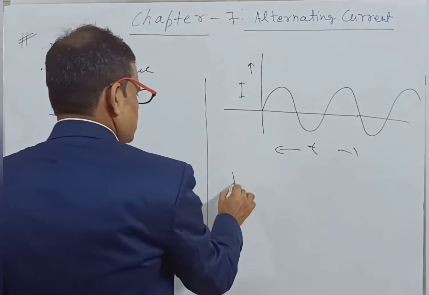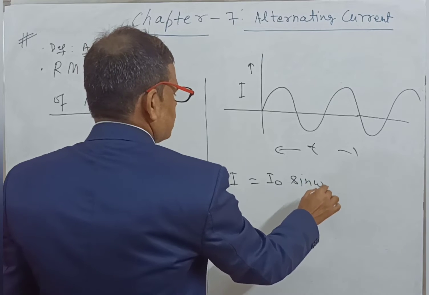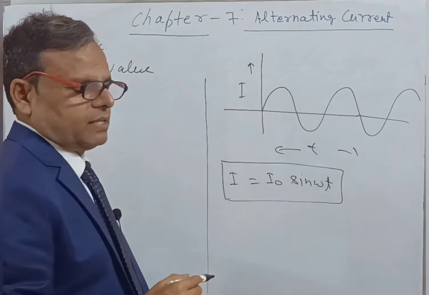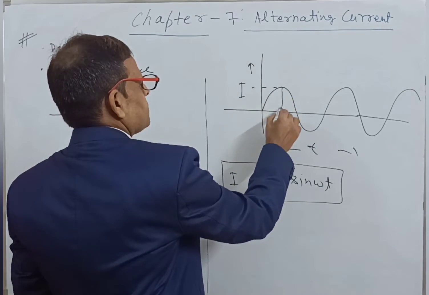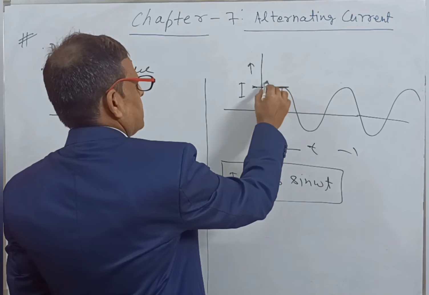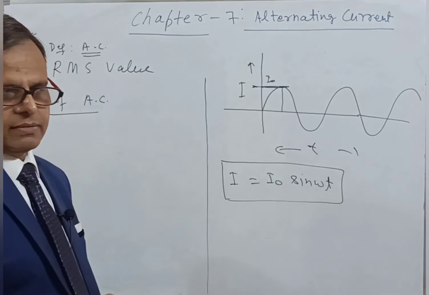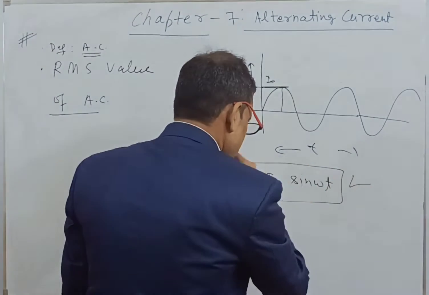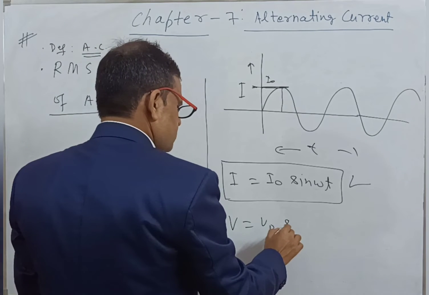So its equation is I equals I naught sine omega t. This is the equation for the alternating current, and I naught is the peak value, that is the maximum value of the alternating current. Similarly, alternating voltage V equals V naught sine omega t.